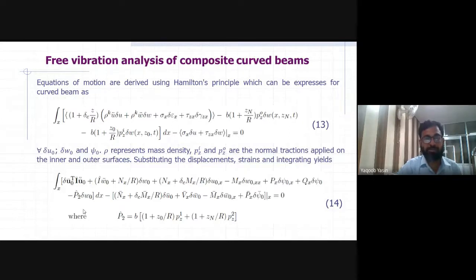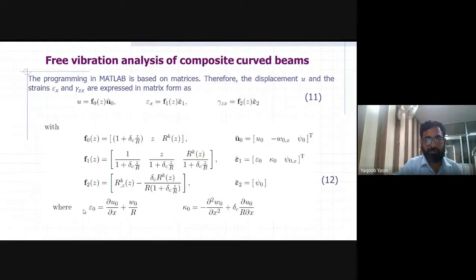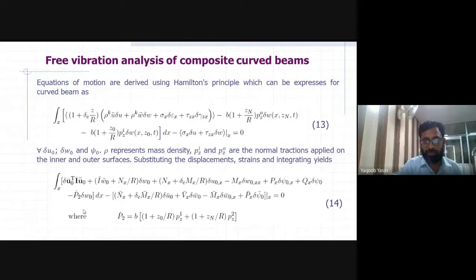So after substituting equation number 11, equation number 9 and equation number 7, we will be able to find the following equations. Equation number 14.